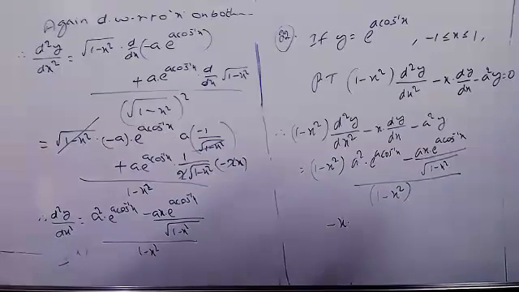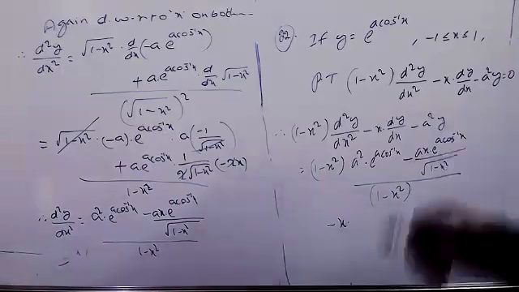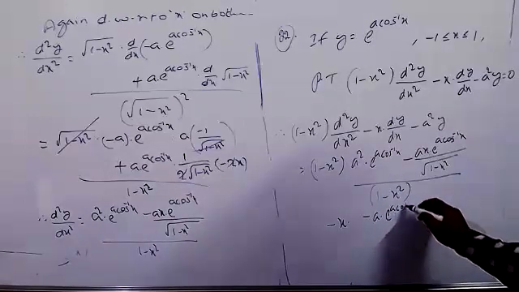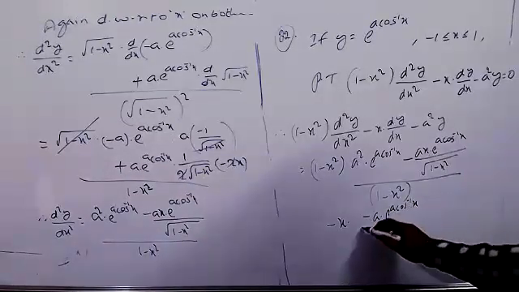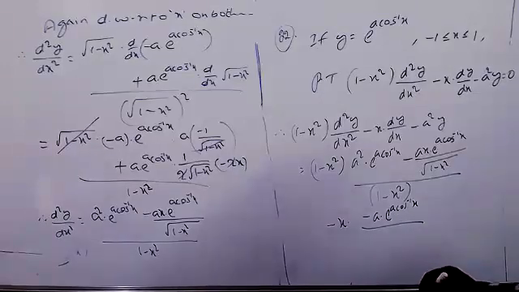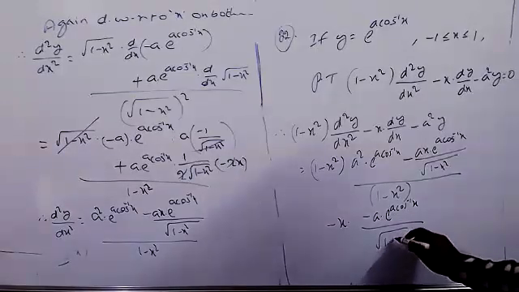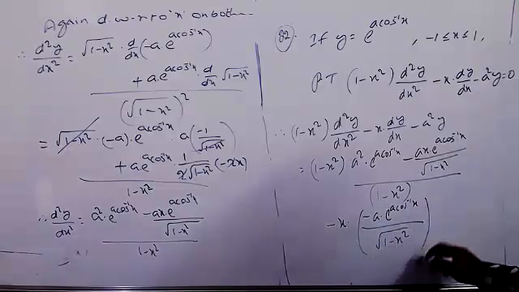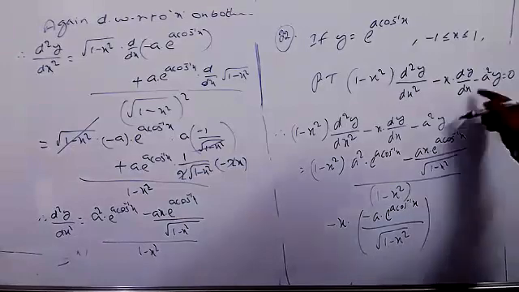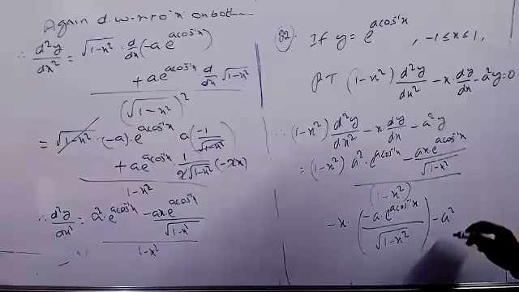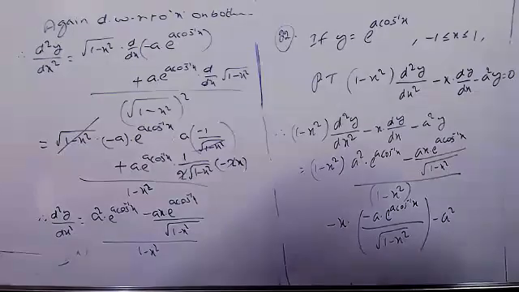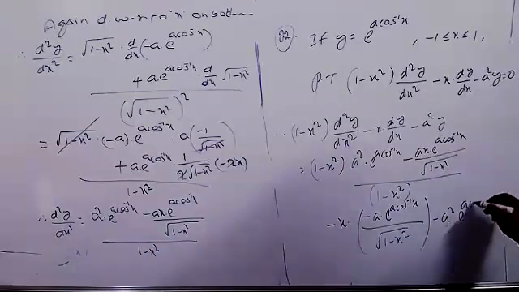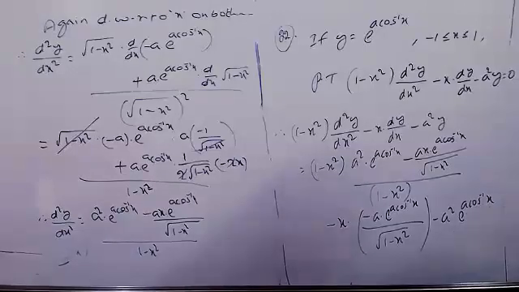Simply rub this one. How much? Minus a into e power a cos inverse of x whole by root of 1 minus x square, plus minus a square into, here y equals e power a cos inverse of x now.